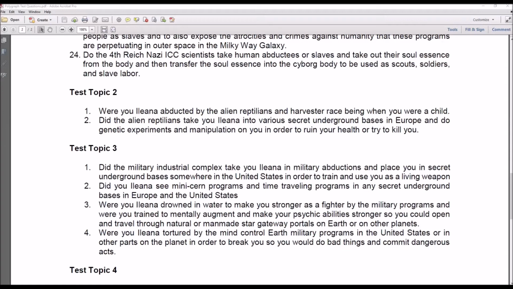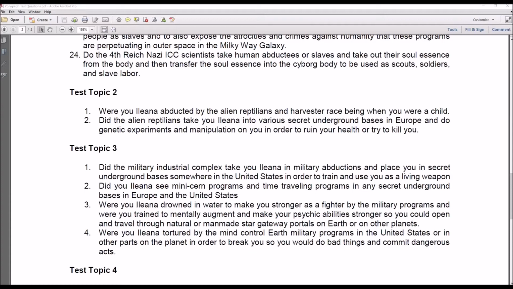And the reason why it's yes is because I remember the military programs trying to make my brain, both the left and the right hemisphere, the same, to reprogram my brain to make it into a supercomputer.